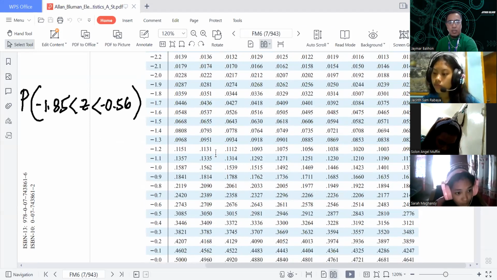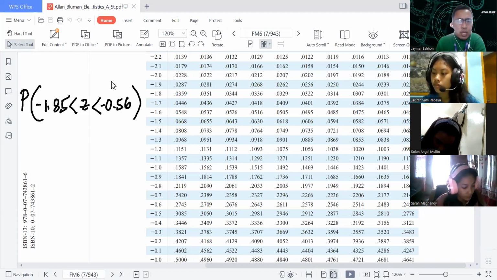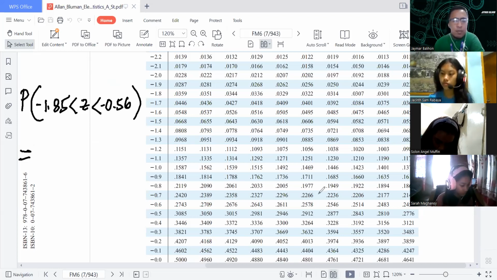Use the negative table from earlier, because these are both negative. If you have the answer, kindly write it here or dictate it to me so that I can write it. What will be the formula?